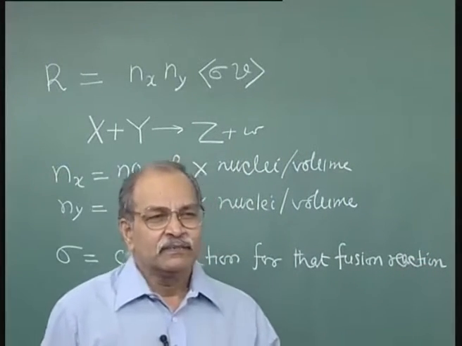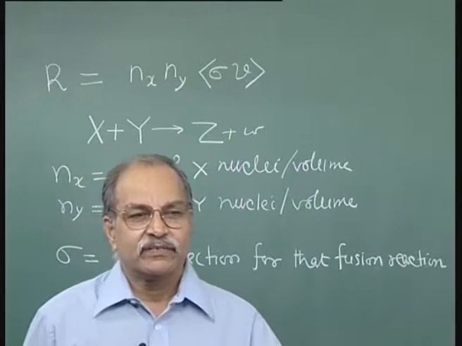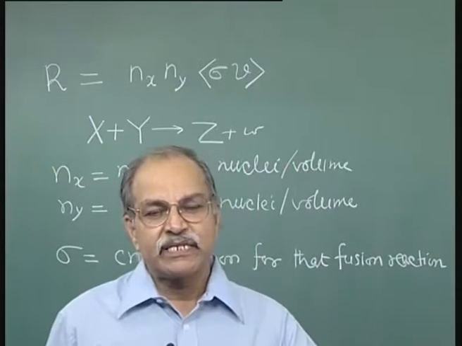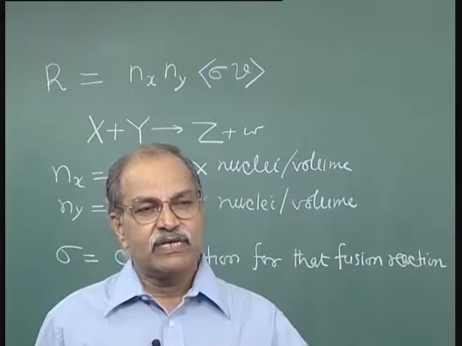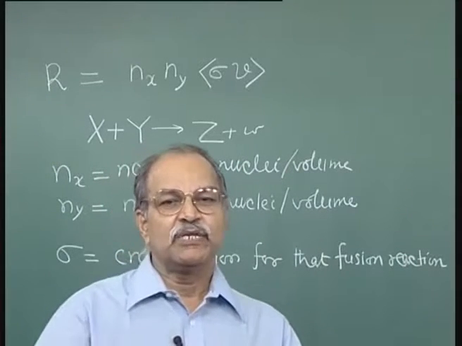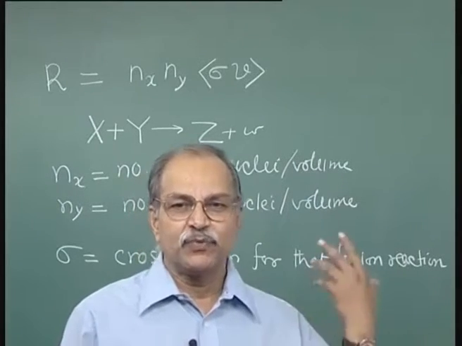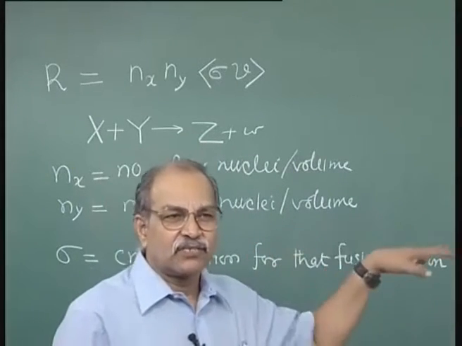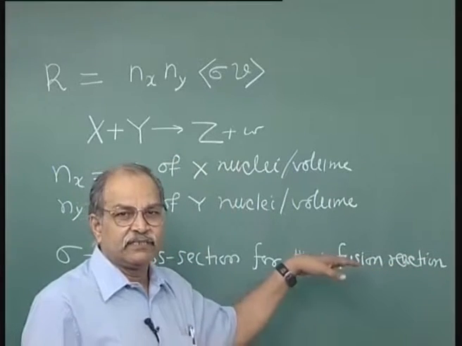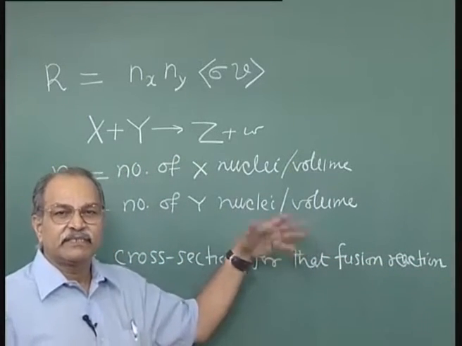Roughly speaking, sigma you can take as an area presented by the x nucleus, and if the y nucleus hits that area, the fusion reaction takes place. That is how we define cross section. You remember, cross section is in units of centimeter square, it is an area unit.